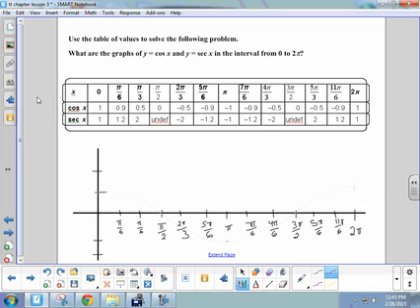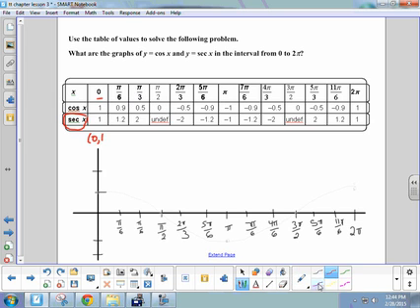Let's go ahead and do the secant graph, and I'm going to do the secant graph in red. So think of these as ordered pairs. Here's our x value, here's our y value. So that would be 0, 1, pi over 6, comma, 1.2, pi over 3, comma 2, pi over 2, undefined. Well, if it's undefined, that's going to be an asymptote.